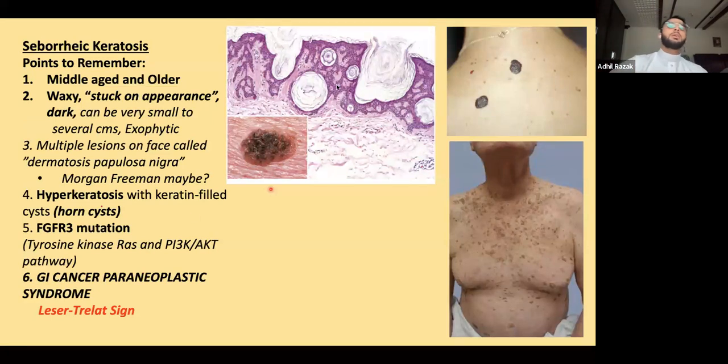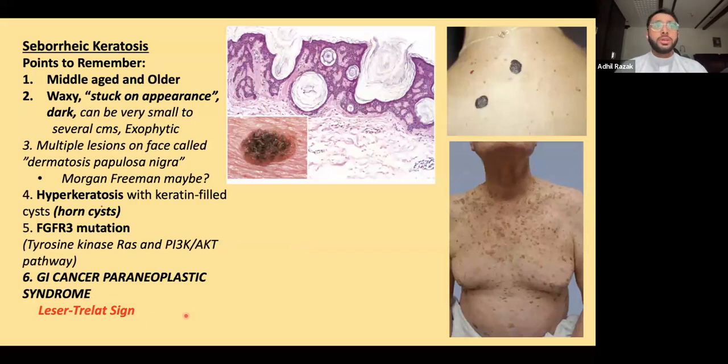I mentioned earlier that there are certain skin conditions heavily associated with malignancies. Seborrheic keratosis is, I would say, the trademark skin manifestation associated with a malignancy, at least from the boards' perspective. If you see a patient with a lot of seborrheic keratosis, like this patient on the right with a bunch of bumps and lesions on their face, it is highly associated with GI cancers, especially gastric cancer.